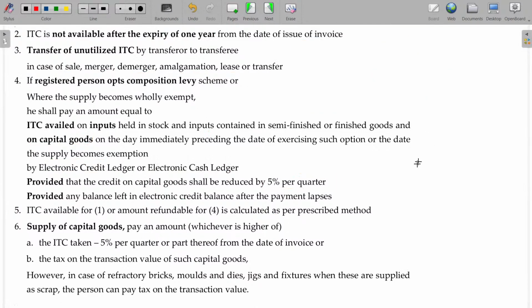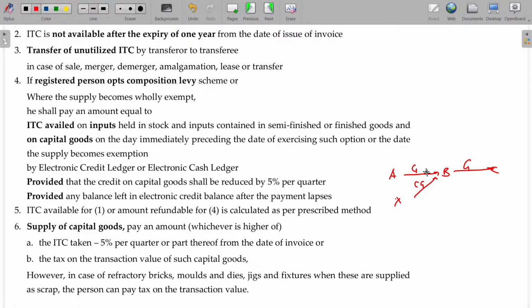Last point. Okay. Now, what happens? A supplies the goods to B, B supplies this to the customer. Clear? So B can purchase capital goods from X. Usually what will be supplied by B?